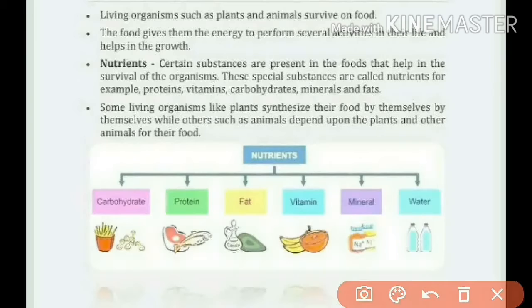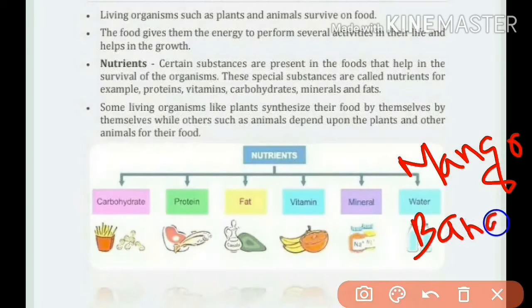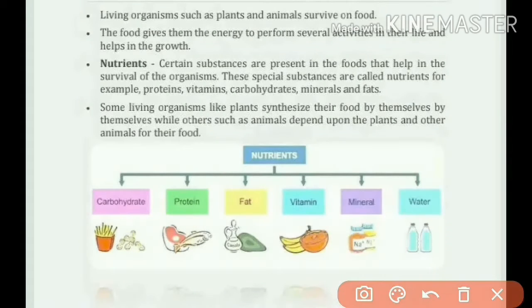Now let's know how vitamins help our body. Vitamins protect our body from different types of diseases. Yes, vitamins protect our body from different types of diseases. Some examples of vitamin-rich foods are mango, then banana, etc. There are so many vitamin-rich foods, but I am giving only 2 examples of each.